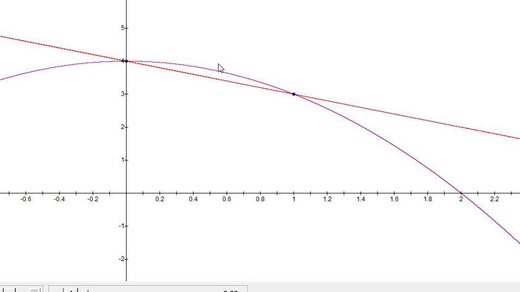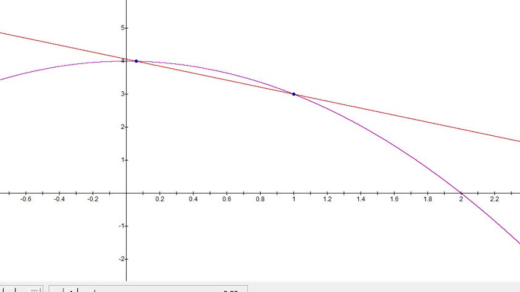So same thing's happening here. This is the average change of the function. But sometimes we want to know what's happening instantaneously. So here's what we could do. Let's move this point closer to this one so that it's a better representation of what's happening at this point. So let me do that.